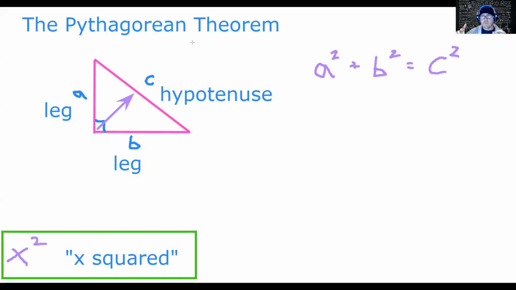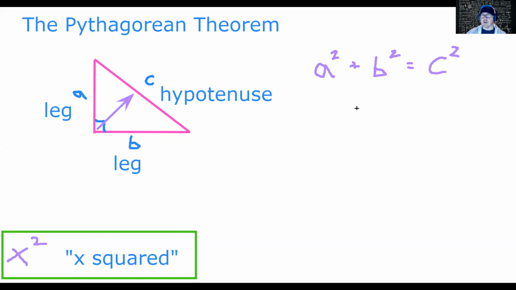So your job is to use this theorem to find missing side lengths. Sometimes you will have them come out to be decimals. Other times you'll want an exact value. So on my other screen here, I'm looking at the test, making sure I'm not forgetting anything. Now, granted, some of these are going to be harder than others because they have a complicated picture or something that goes along with them.